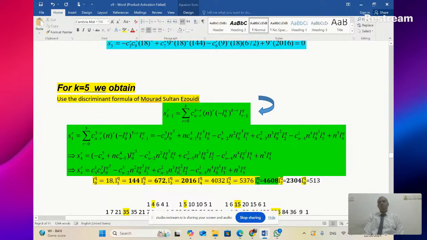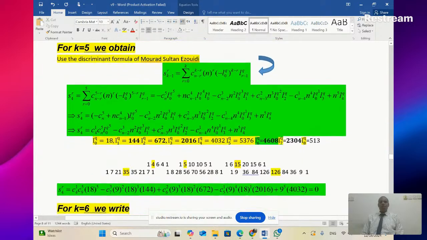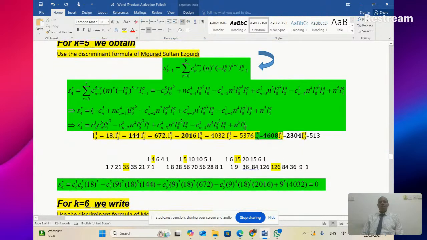times L cubed times L0 for the 2 squared times 2, minus combination 4 choose 1 times n raised to the power 4 times L3 of the 2, plus term n raised to the power 5 times L subscript 4. Just calculation, you see this one and 4 means they are going to start here.